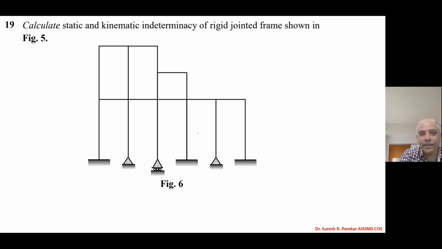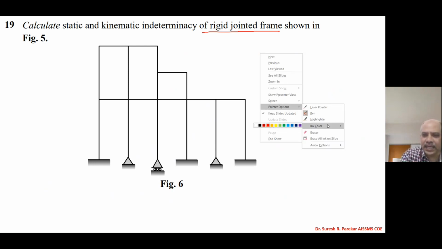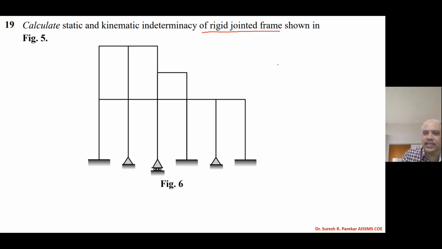And then we have the last problem, that is, calculate static and kinematic indeterminacy again of a rigid jointed frame. DSE and DSI are not going to change again in this. So we have R equal to 3 over here, then 2, 5, then 1, 6, then 3, 9, then 10, 11, and then 3, 14.